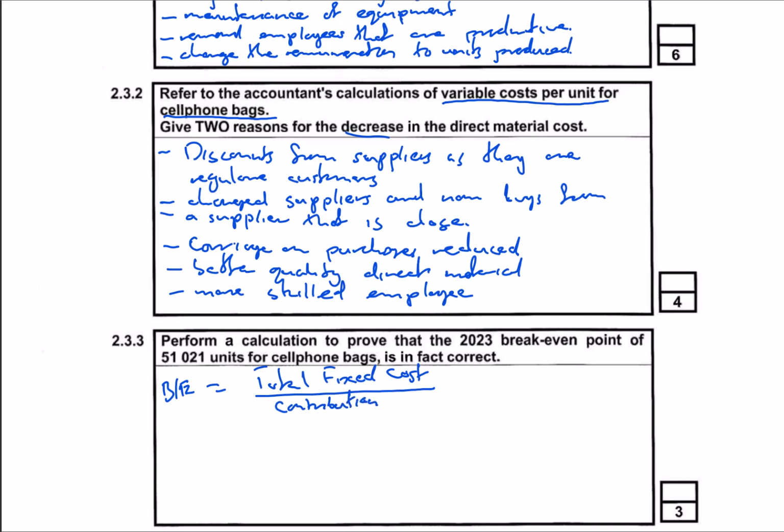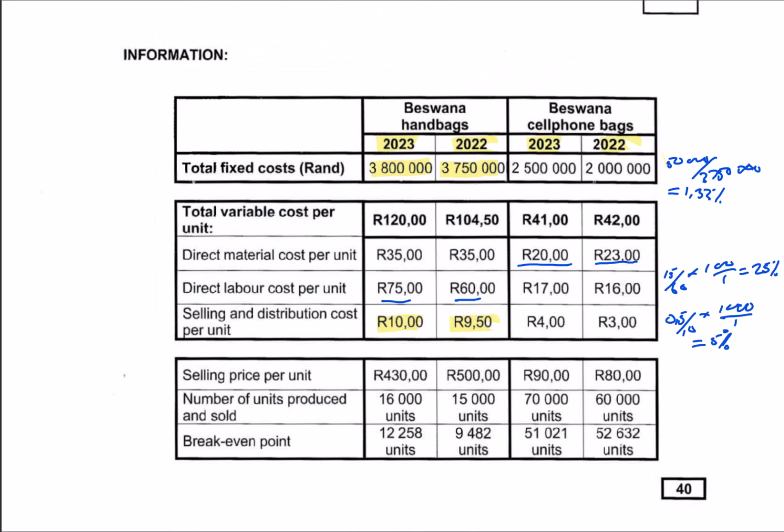And contribution basically is selling price per unit minus variable cost per unit. So this will be total, it's 2,500,000. That's it for cell phone bags.